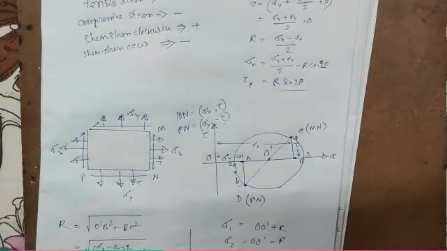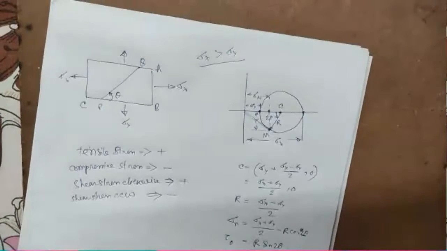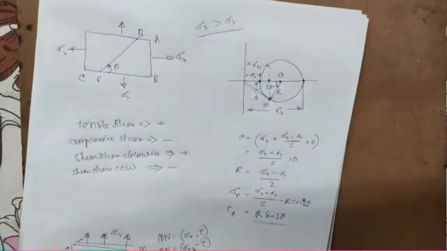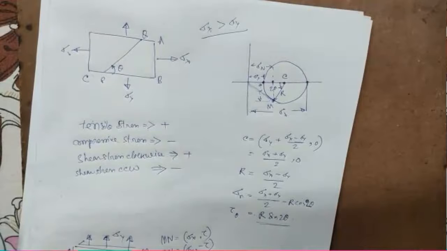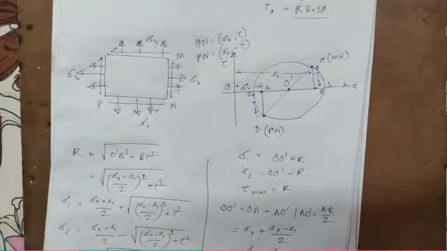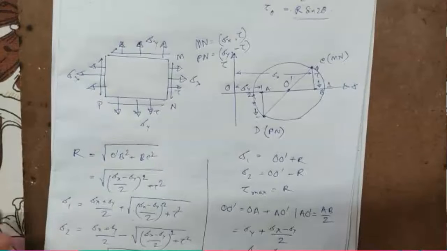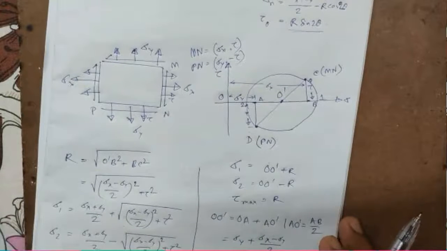Okay. So now in previous diagram we have found out how to get shear stress and normal stress and resultant stress values on Mohr circle. Now from this figure we will find out principal stresses.